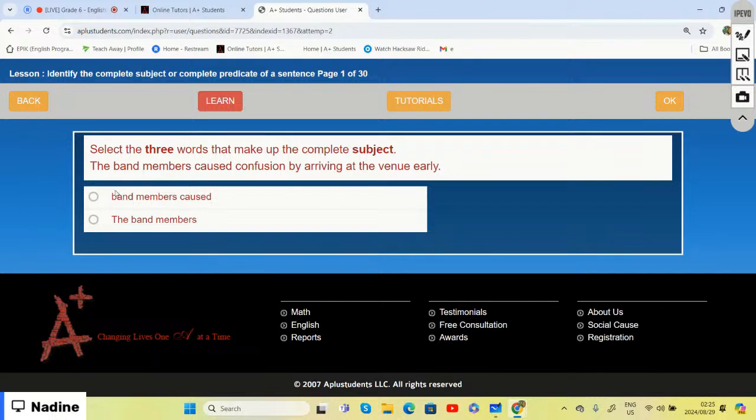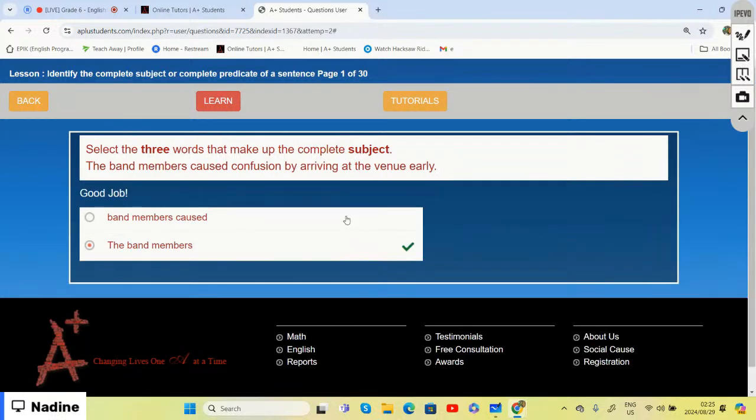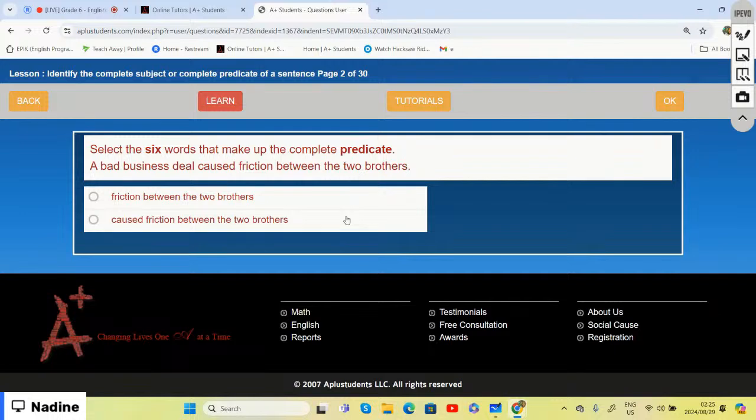All right, and if we select the three words, we will say the band members. The band members is our answer.